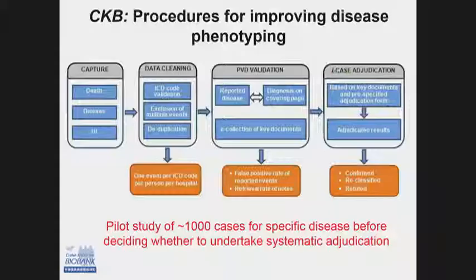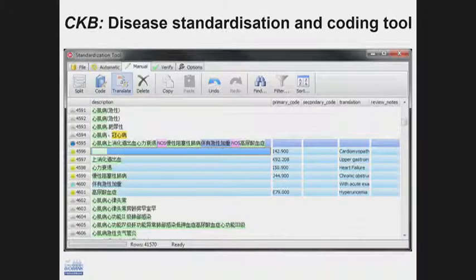But I think we want to do more, especially to improve the disease phenotyping, through processing, data cleaning, and individual conducted validation and adjudication. It's very labor intensive, but I think it's worthwhile, not for every single disease, but at least for some major diseases of public health importance. This normally follows a pilot study to assess the need, before we launch quite big ones.